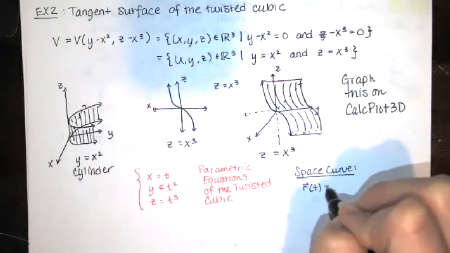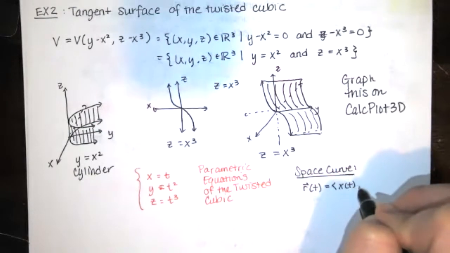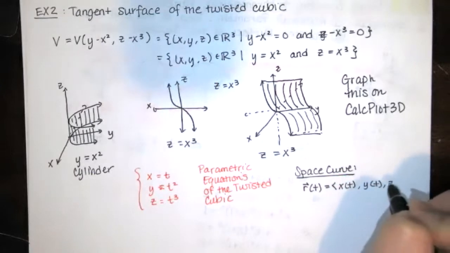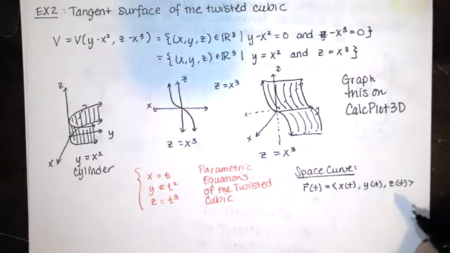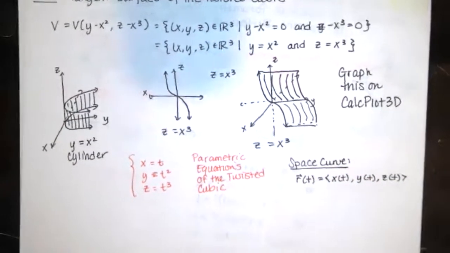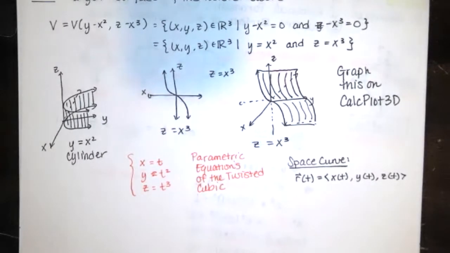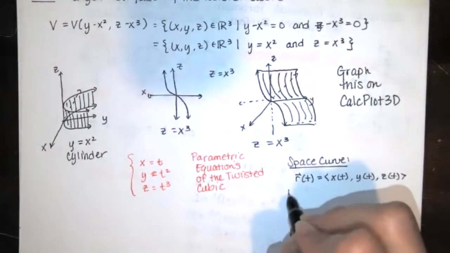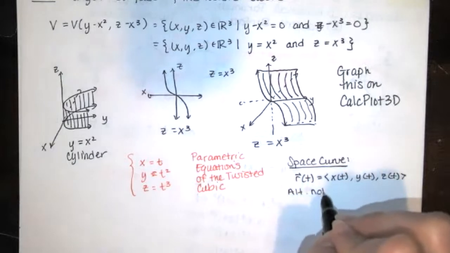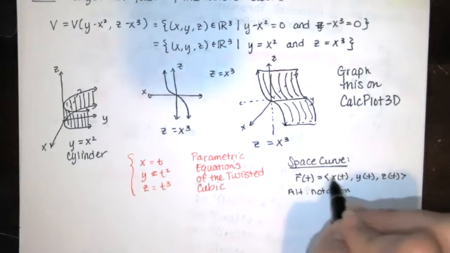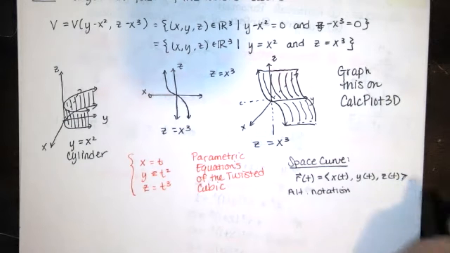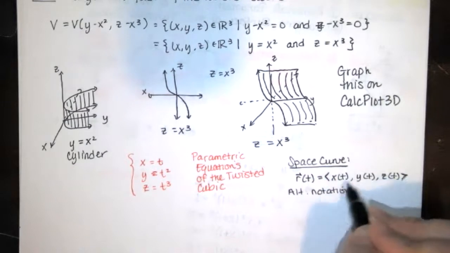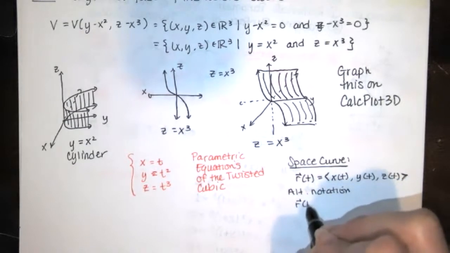In Calculus 3, we used this notation. R of t is a vector valued function with components x of t, y of t, and z of t. Now, in some books, rather than using these braces on the side like this, we use this alternate notation.